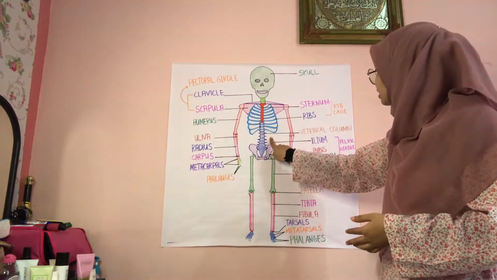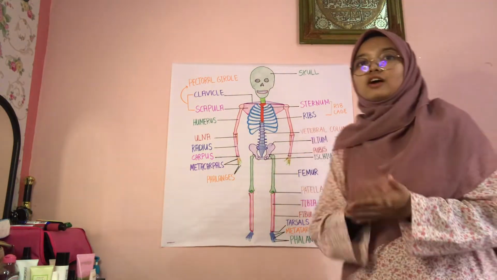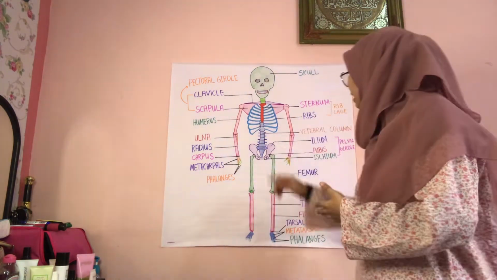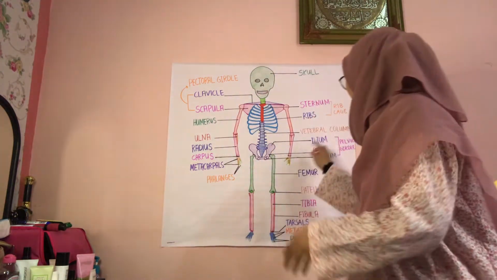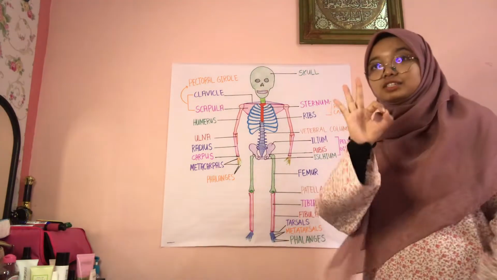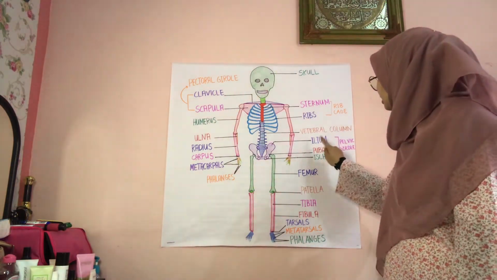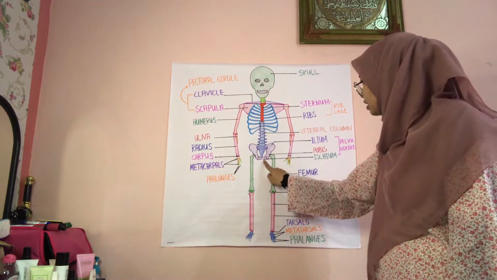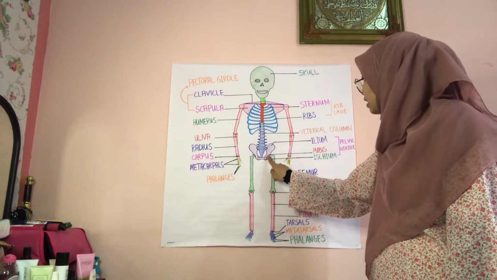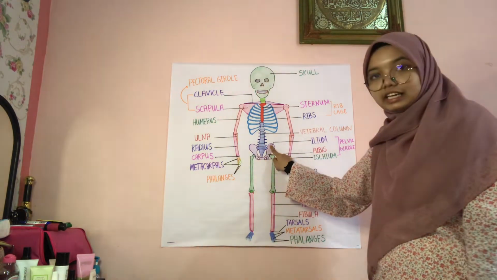And here is the vertebral column, or backbone. And here is your pelvic girdle, which consists of 3 structures: the ilium, pubis, and ischium. This part is the ischium, this part is the pubis, and this part is the ilium.